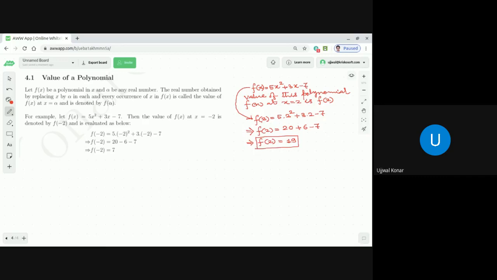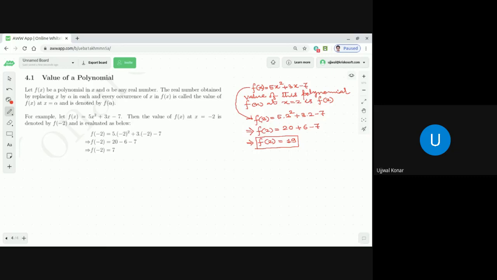I hope you got a clear idea of what is meant by the value of a polynomial. So now let's concentrate on the left hand side theory. Let f(x) be a polynomial in x and alpha be any real number. The real number obtained by replacing x by alpha in each and every occurrence of x in f(x) is called the value of f(x) at x equal to alpha and is denoted by f(alpha).